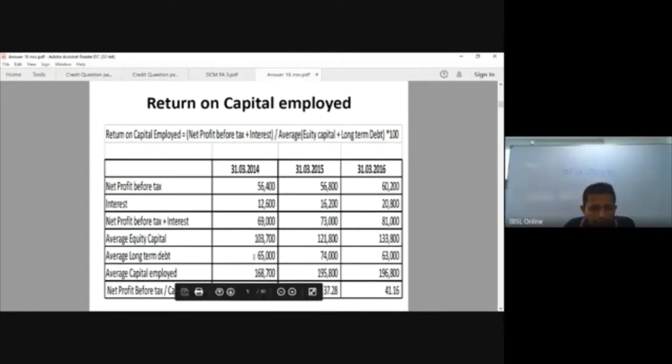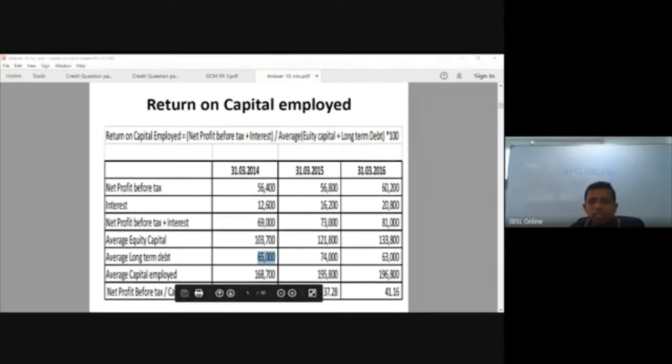Then you have the problem of calculating the average long-term debt capital. How do you calculate it? You take the beginning long-term debt capital and the ending long-term debt capital, take the total and divide it by 2. I will explain this 65,000. To calculate the average for 2014, you have to go to the balance sheet.